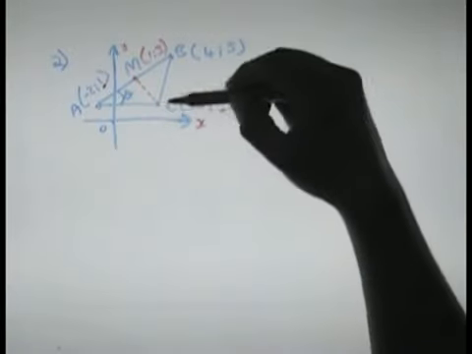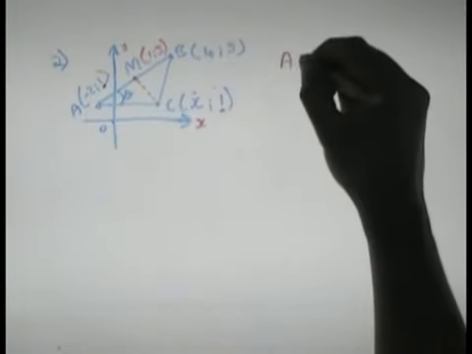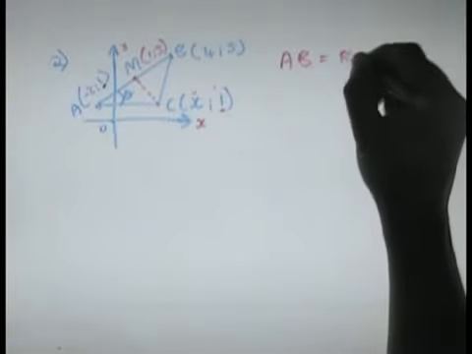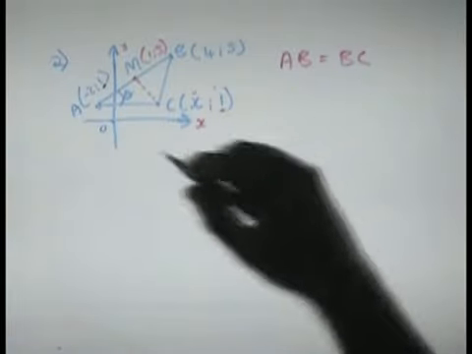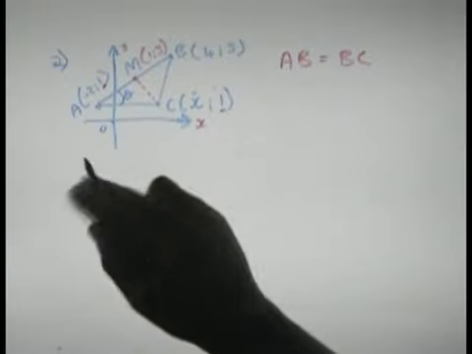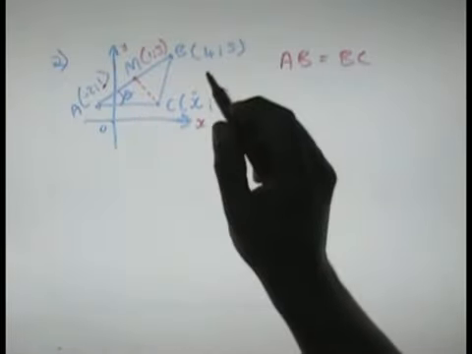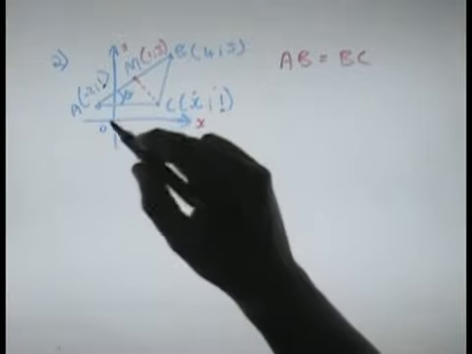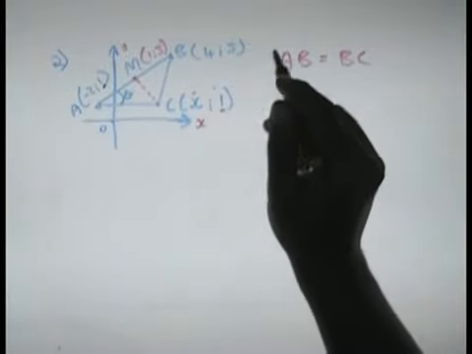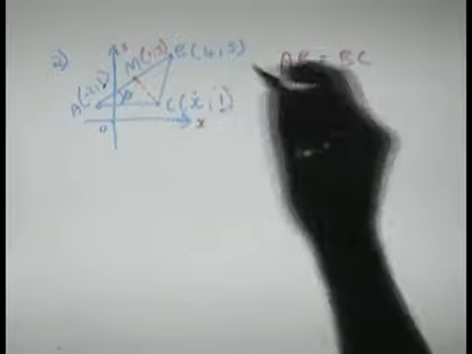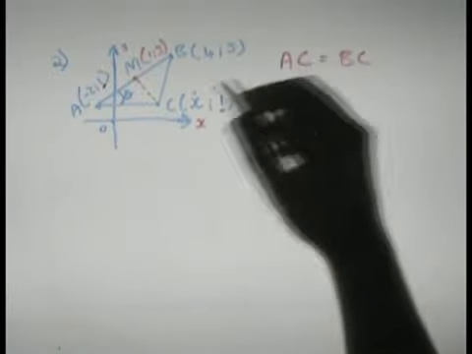But we do know that AB is equal to BC. Now AB is going to be given by x2 minus x1 squared plus y2 minus y1 squared. Oh, sorry, not AB. I said AC is equal to BC.